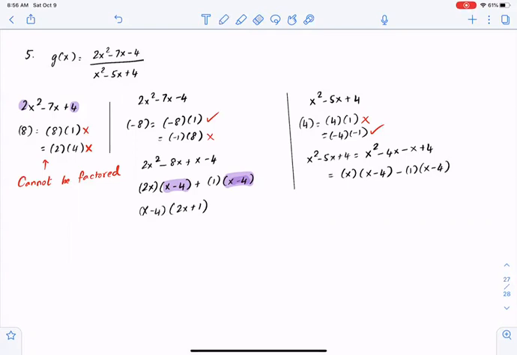We have x minus 4 in common. If I pull that out, I have x minus 1 times x minus 4. So I was able to successfully factor the numerator, successfully factor the denominator.